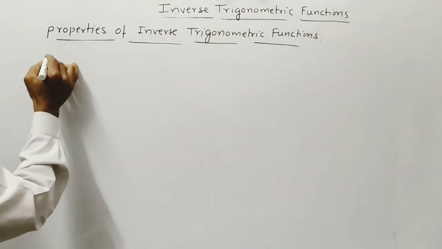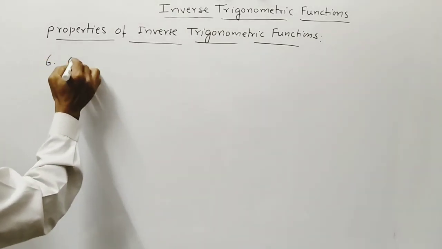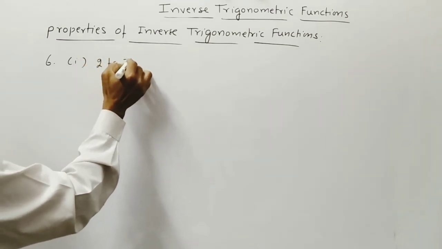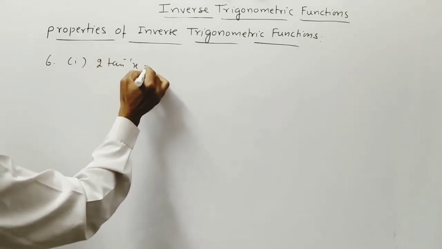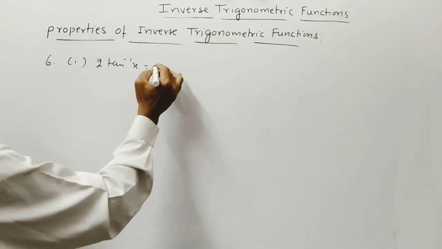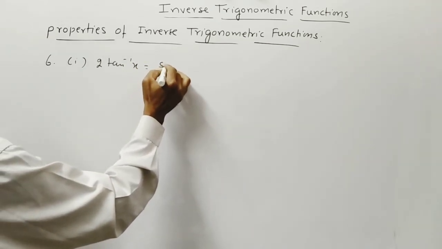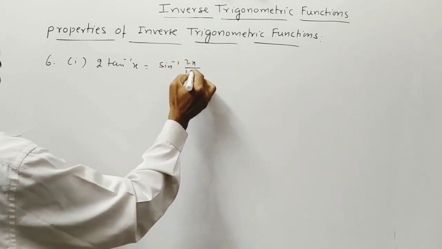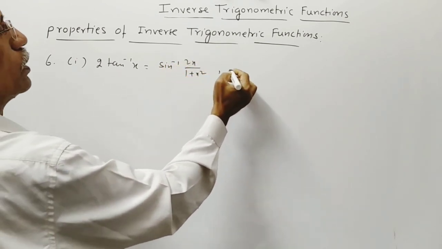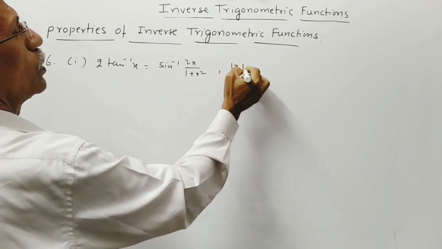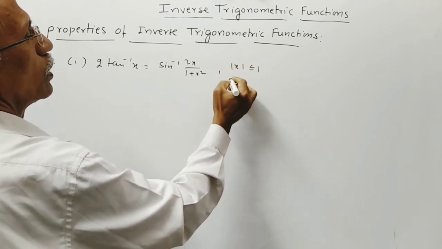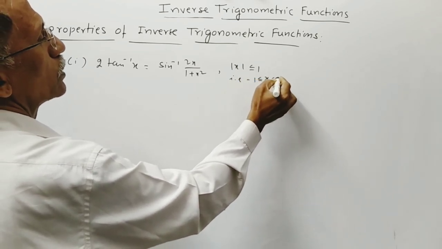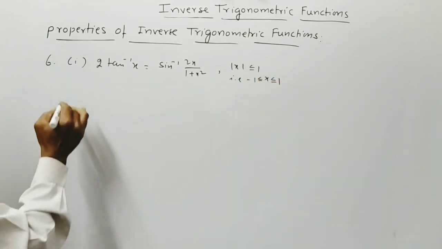Next one, 2 tan inverse of x is equal to sin inverse of 2x divided by 1 plus x square, when modulus of x is less than or equal to 1, that is minus 1 is less than or equal to x is less than or equal to 1.